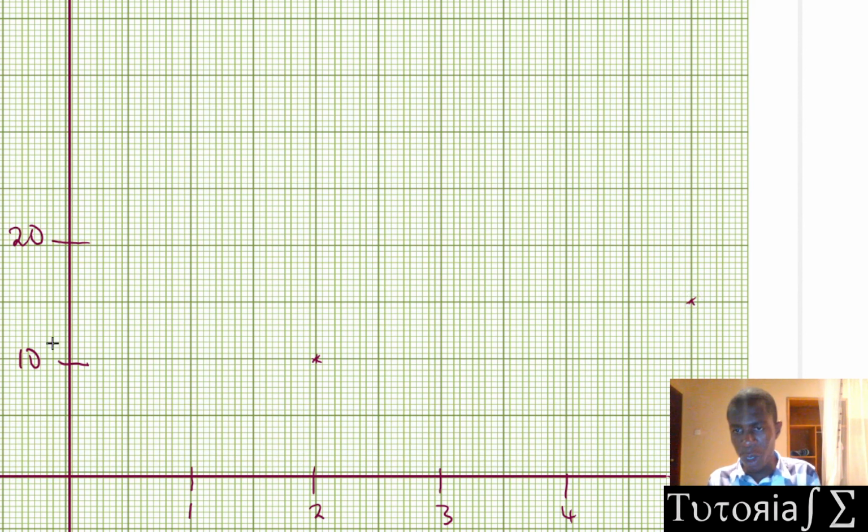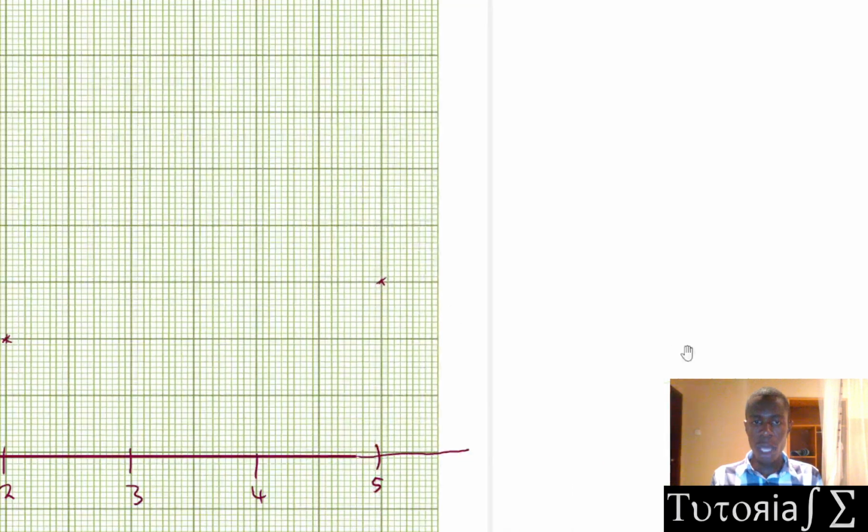If this is 20 and this is 10, halfway is 15. So this is 5, 10, 15, 20, then that is 25 and so on and so forth. So you count like that, then the other points.